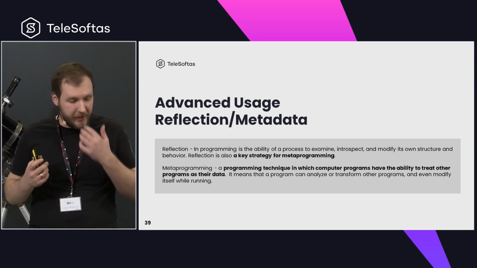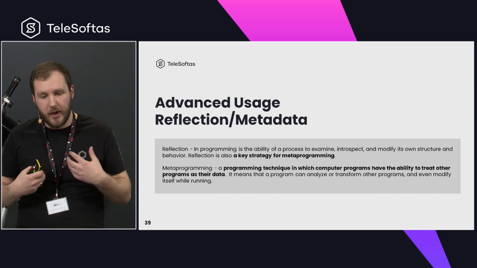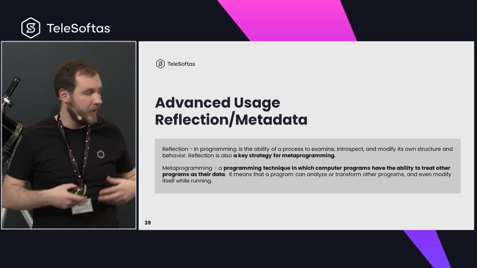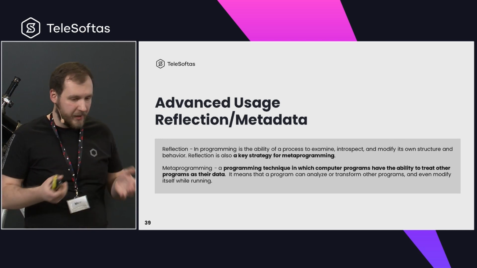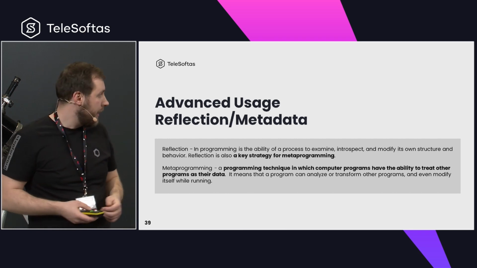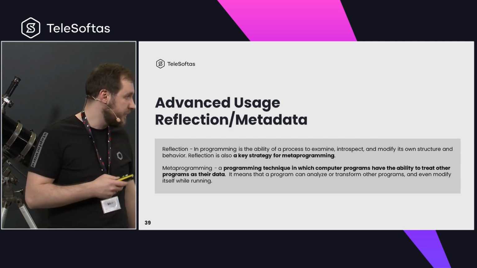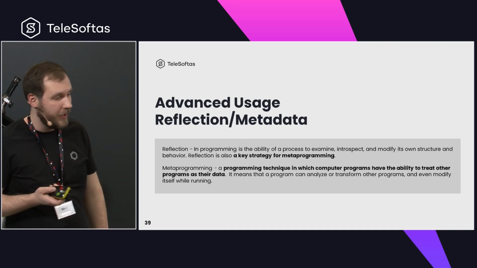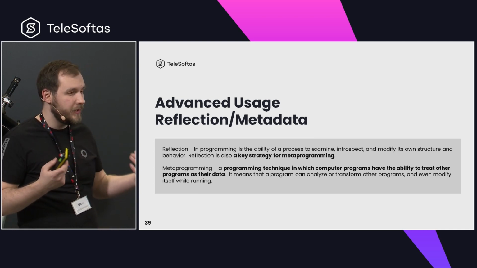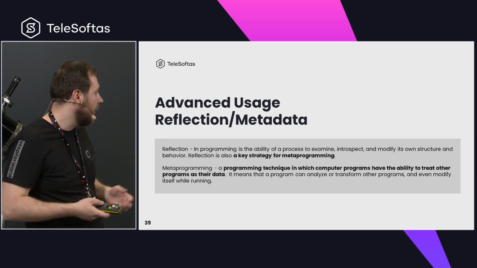So I would explain reflection as a programming language ability to intercept, inspect, and modify behavior of code in runtime, and metadata as data which is associated with that code. And combining these two concepts, you can achieve something which is called metaprogramming, which is a very powerful technique where basically a computer program can change itself in runtime.